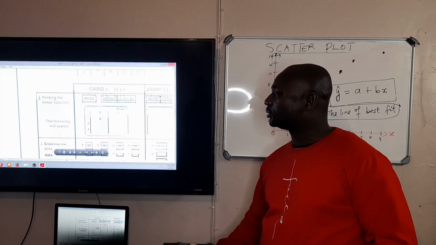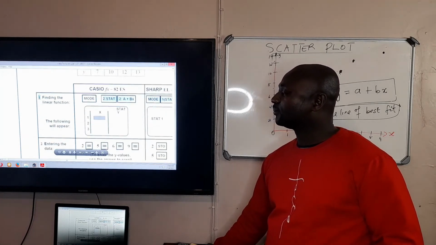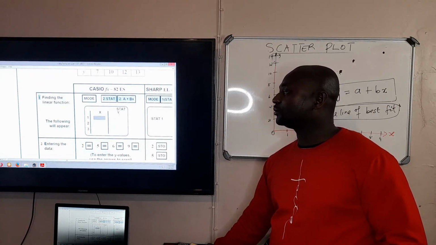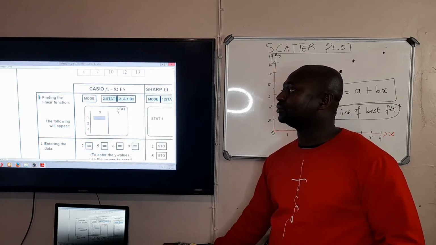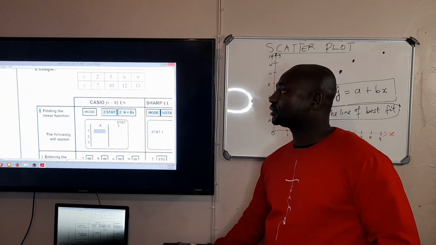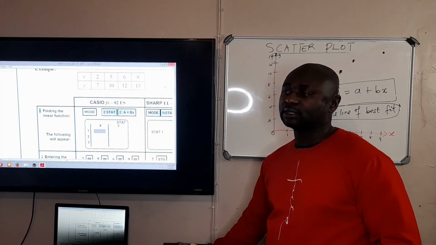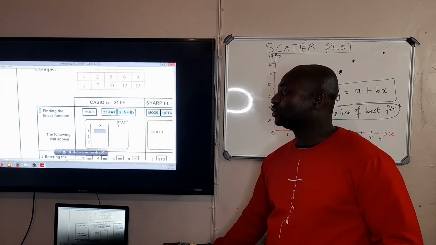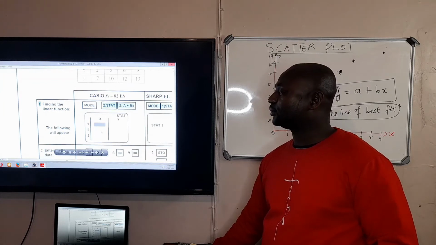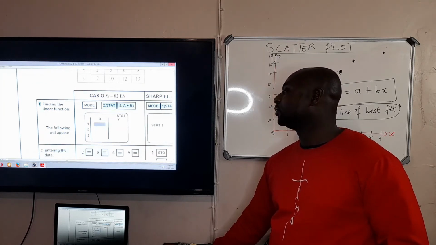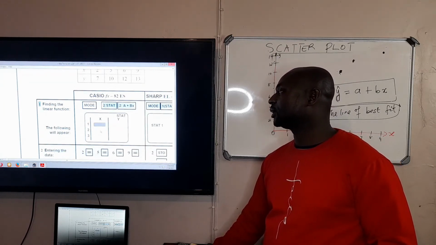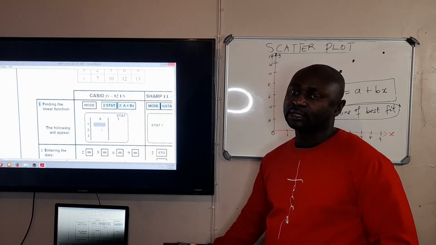Once it opens the table for you, here we've got x and y in the table. Remember, the table is given to you as x and y. So you are going to capture the data in x and also capture the data in y. That is all you do. So how do we capture data? We did this in grade 11, where I taught you how to capture data on a calculator and store.